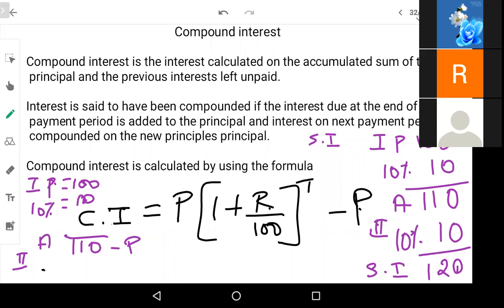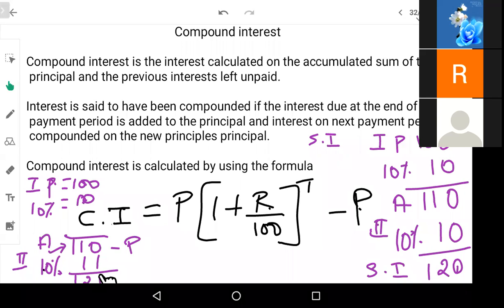So for the second year, we will be calculating 10% on this 110. So 10% on 110 will be 11 rupees and now they will have to pay 121. Now here it might be just 1 rupee difference, but when you are considering a bigger amount, the difference will be more from simple interest to compound interest.